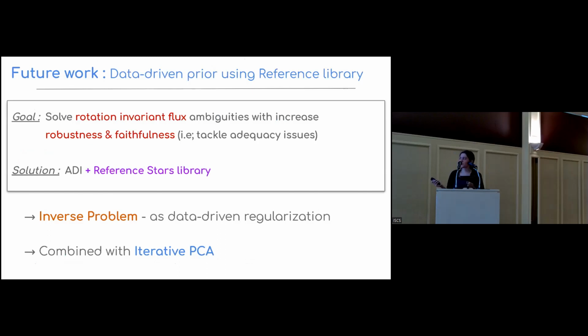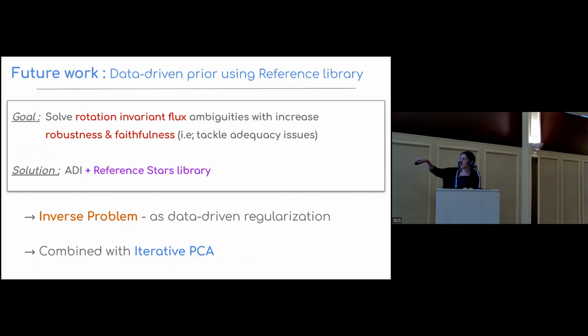For my future work, I'm still trying to solve the problem of flux invariant rotation, but in a more trustworthy way, as opposed to what everybody seems to be doing here. I wanted to have more information, more data.